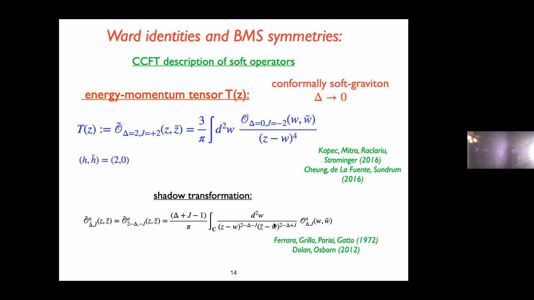But in our case, it is a map, a transformation that allows us to map states with these conformal weights and spins to those. And this basically tells you that you can take a soft graviton with dimension 0 and convert it to an operator with dimension 2 and spin 2, which is what we would expect for the stress energy tensor, the energy momentum tensor.